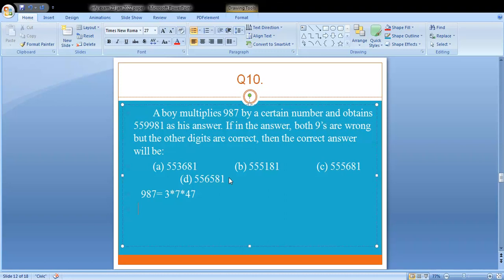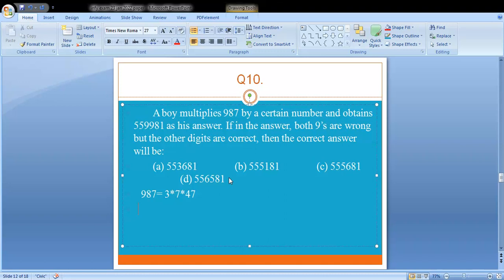So if both the lines are wrong here in the given number, but the other digits are correct, then the correct answer will be found by adding the digits of option 1, option 2, option 3, option 4. If the sum is divisible by 3, then automatically we can get the answer. Let us see the first option.